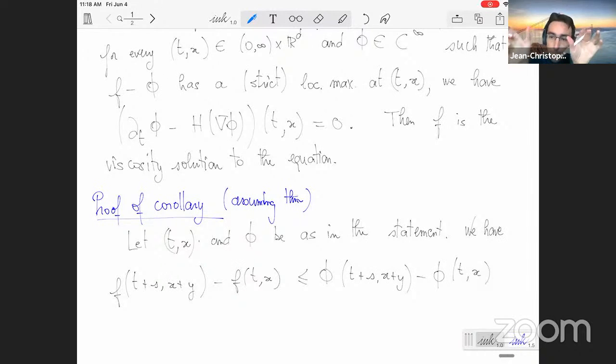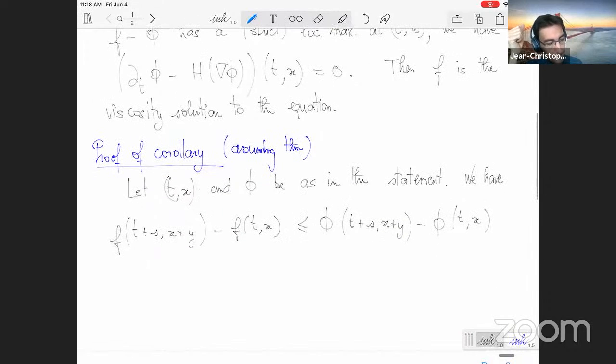This is because if you rearrange this inequality, passing phi to the right and f to the left, it's just a statement that f minus phi is maximal at (t, x).